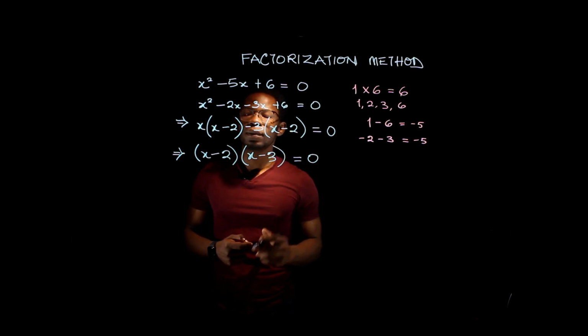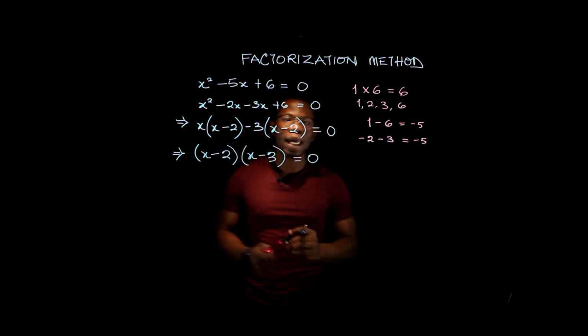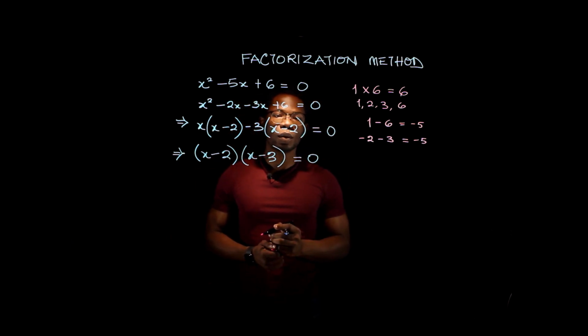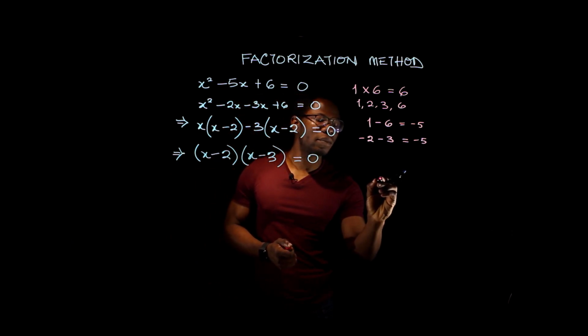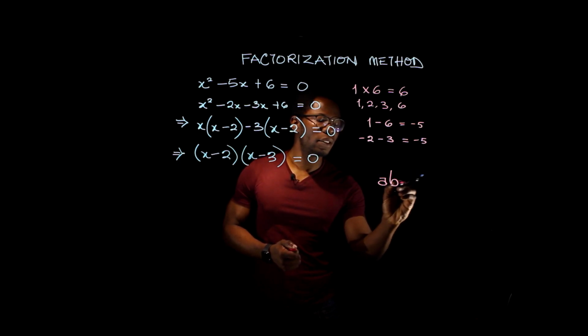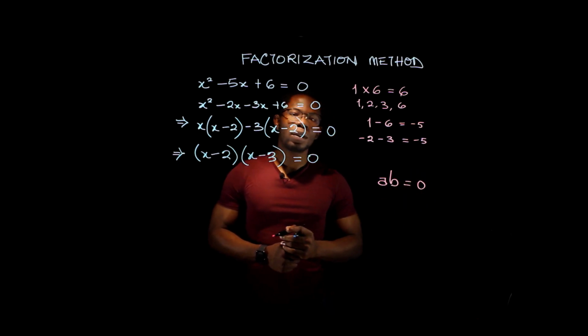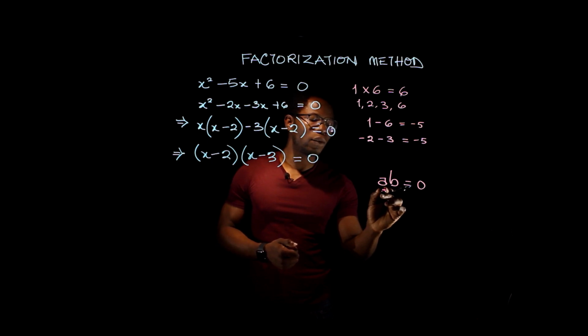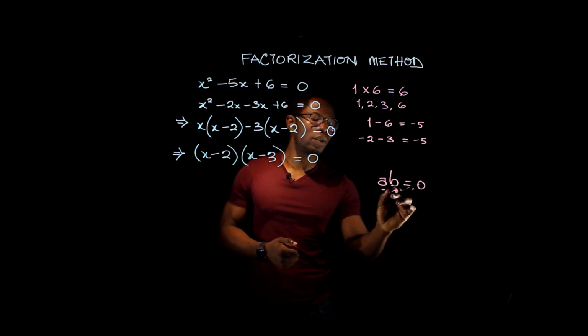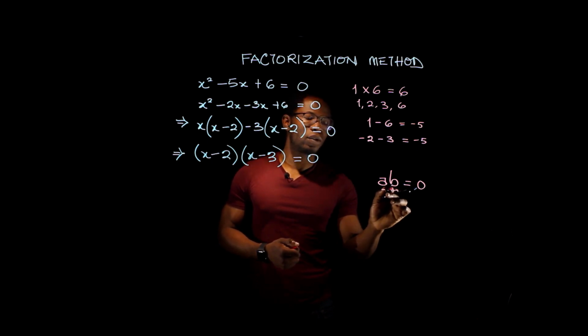equals 0. Now we know that anything multiplied by 0 is equal to 0. So if you have two terms, a multiplied by b equals 0, what you're saying is that either a is equal to 0 or b is equal to 0. One of them has to be equal to 0, because if one of them is equal to 0, then anything multiplied by 0 is equal to 0.